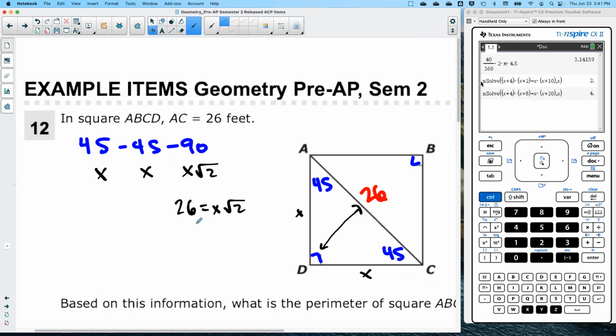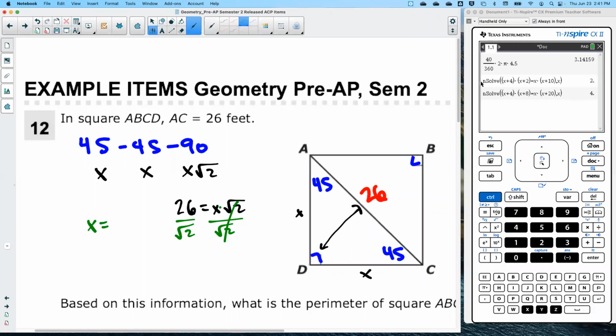How do I solve for x here? We divide. When you divide by the square root of 2 here, is that clean? No. Or do I have to use that shortcut I taught you? Is that good clean math or not clean math?